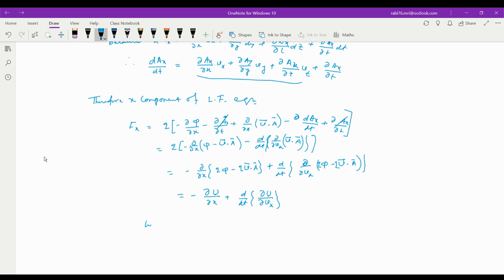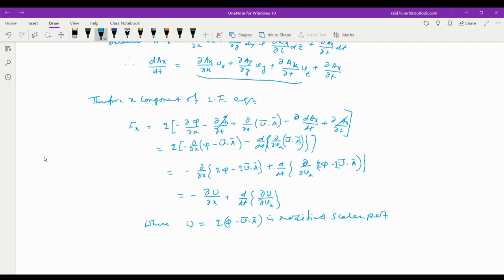Where u equals q phi minus v dot A is the modified scalar potential now, right?